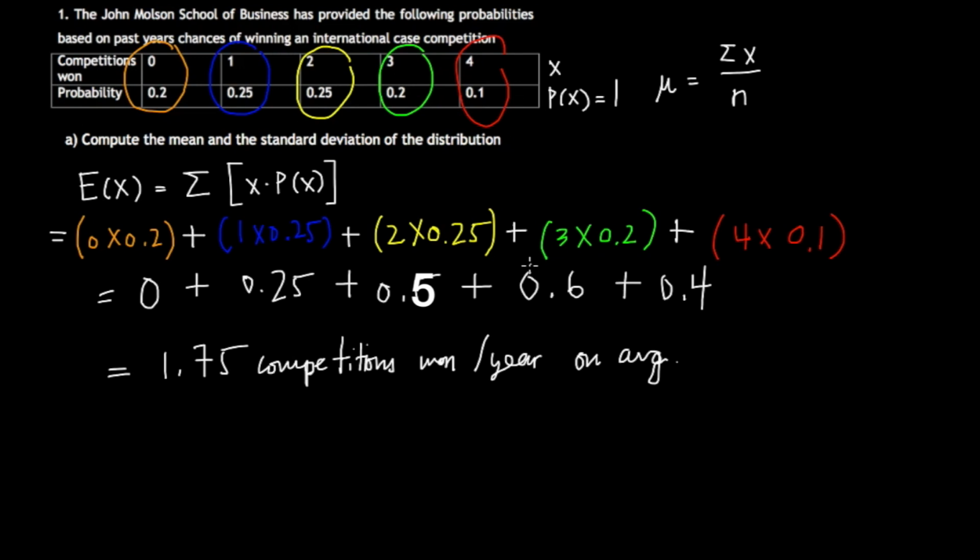I can possibly win 3 20% of the time, so that's 0.6 competitions, and so on, adding them all up for a total of an average of 1.75 competitions, according to the outcomes and their given probabilities.